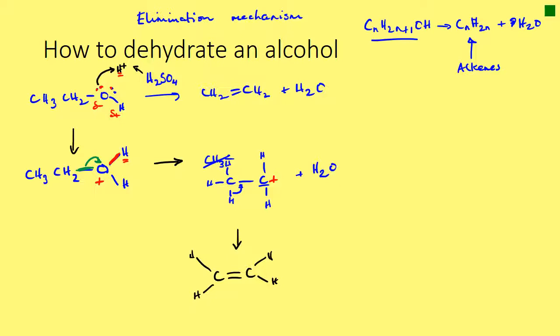Let's track our electrons. In red, those two electrons have now become this pi bond here. That's left this hydrogen without an electron, and so it leaves as a proton, thus regenerating the catalyst that we started off with. So we have regenerated our hydrogen ion, we've got our ethene as a product, and we've eliminated a water molecule, which is all consistent with the reaction at the top.